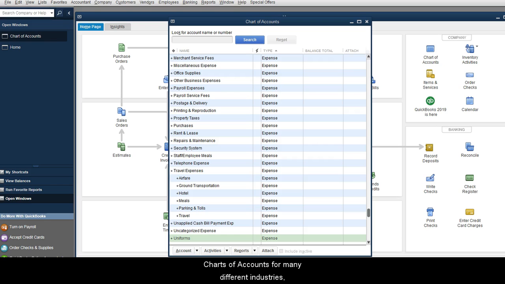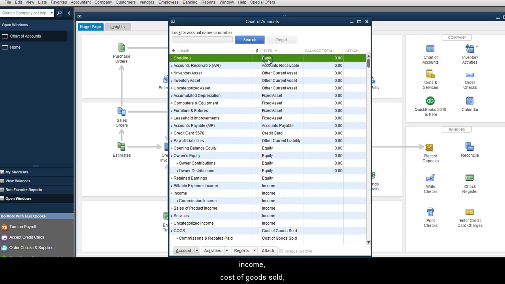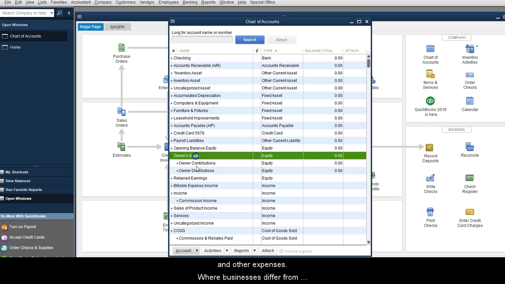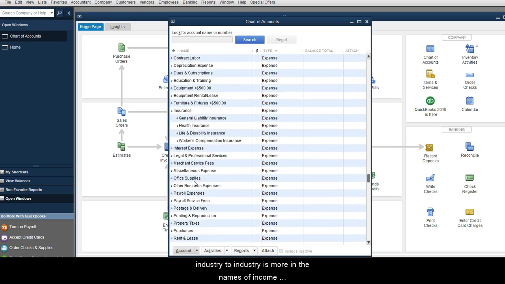While each industry is different, and we do offer different charts of accounts for many different industries, all businesses function very similarly when it comes to money and bookkeeping. All businesses have checking accounts, assets, liabilities, equity, income, cost of goods sold, expenses, other income, and other expenses.